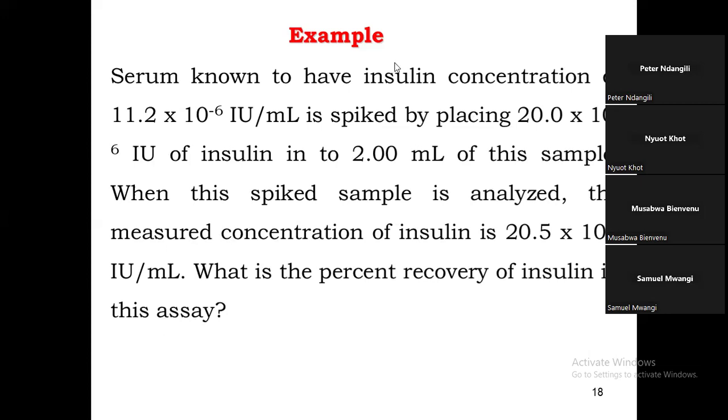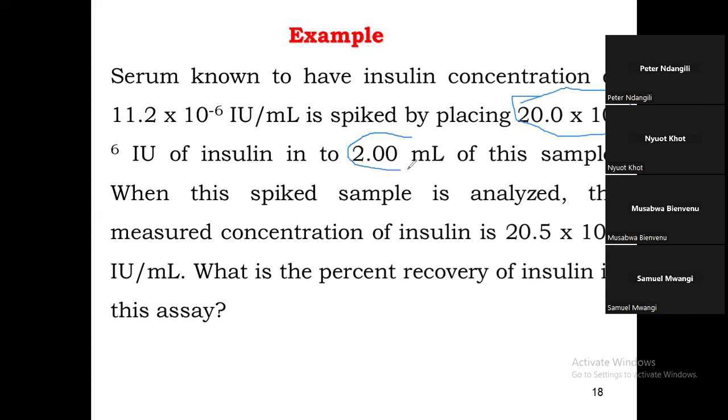Very important is to determine the concentration of what you are spiking. And this is how you do it. I just want to explain this. This is what you have put. You have 20.0 times 10 to the power negative 6, and it is in what?